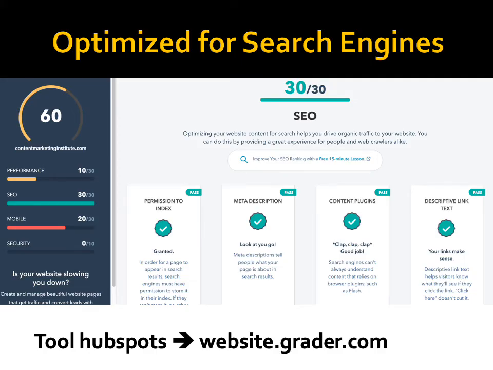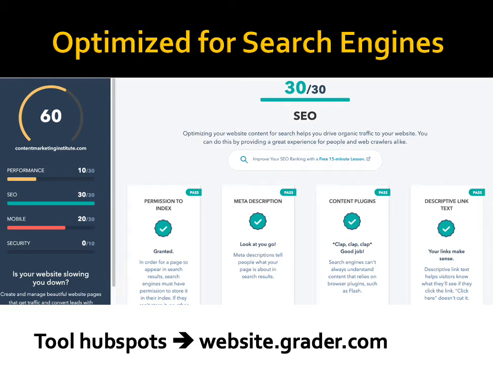Website grader for search engine optimization. It tells us that this website is really good. It has done a good job on SEO. 30 out of 30 is as good as 100. So it's looking at permission to index all the pages, which means search engines are allowed to search all of the pages and look them over, see what they are about. Meta descriptions are intact. This website has done some work on its meta descriptions.